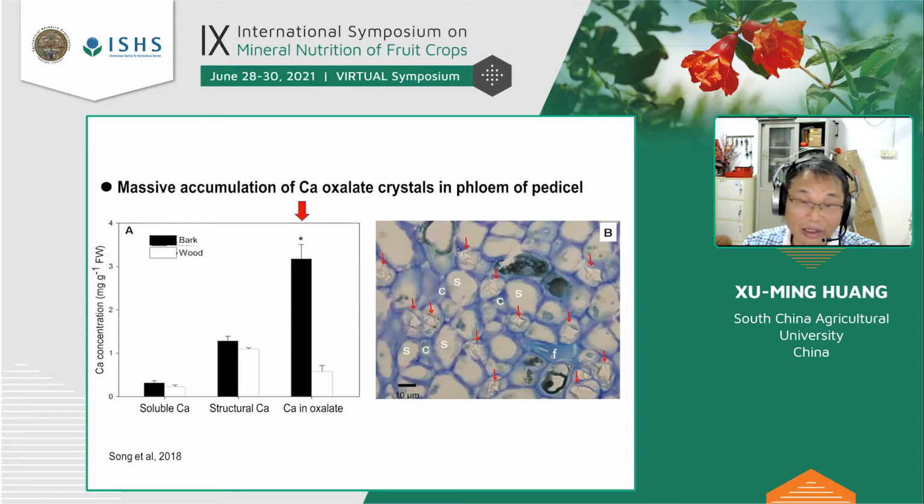Therefore, there is a large amount of calcium that stays in the phloem. And a large portion of this calcium in the phloem is in the form of calcium oxalate crystals, and we can find a lot of crystals around the sieve element in the phloem.